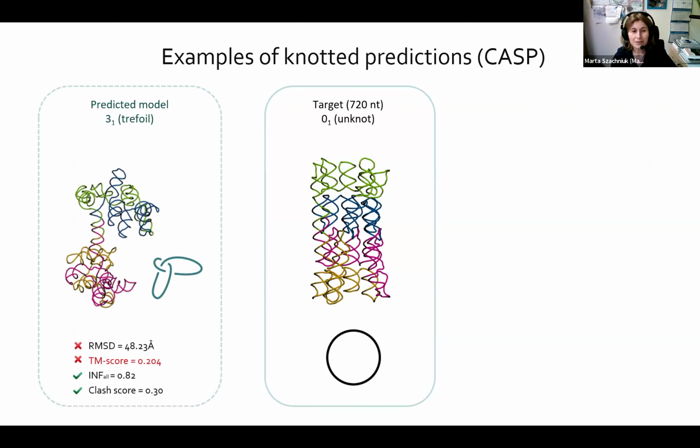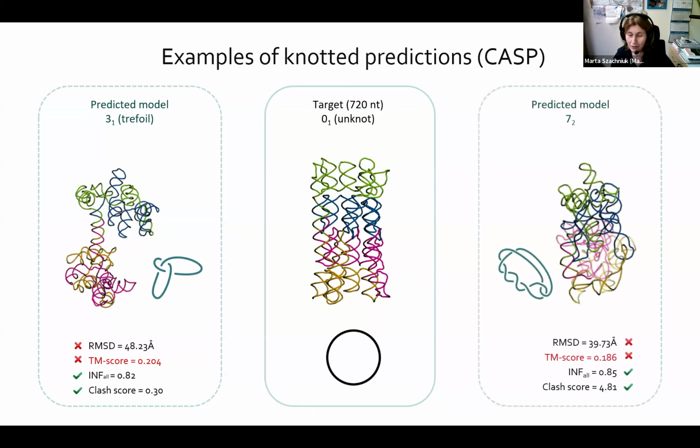But when we try to simplify the layout of the chain, we found out that there is a trefoil knot in the structure. Here is another prediction of the same target structure with a more complex knot. This is a 7-2 topological knot.